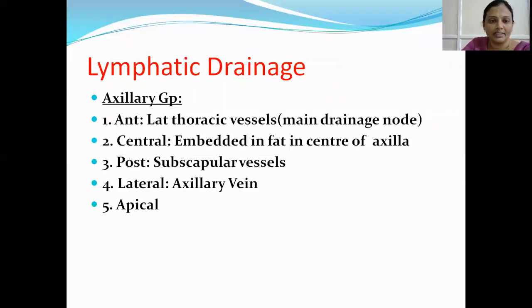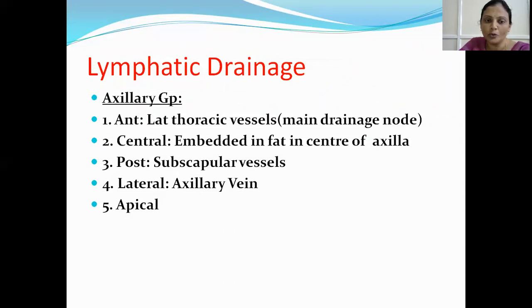Coming to the lymphatic drainage, the axillary group of lymph nodes is divided into 5 groups: anterior, central, posterior, lateral, and apical. The anterior group are the main drainage nodes along the lateral thoracic vessels. The central group of lymph nodes is embedded in the fat in the center of the axilla, and is clinically palpable.